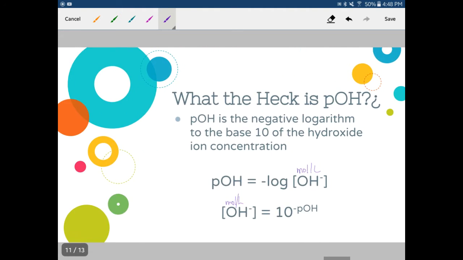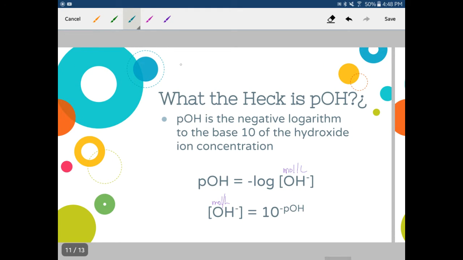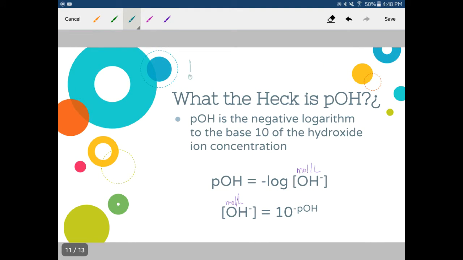Let me just jot that down up here because I don't have it there. This is our pH scale. Here's 7-ish, and we have 0 to 14. If we look at our pOH scale, it's the exact same length. All it is saying is that neutral remains the same.